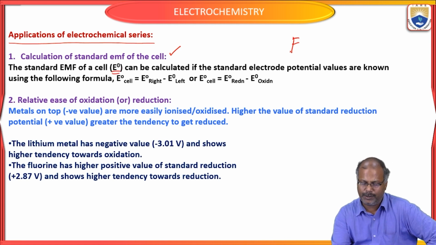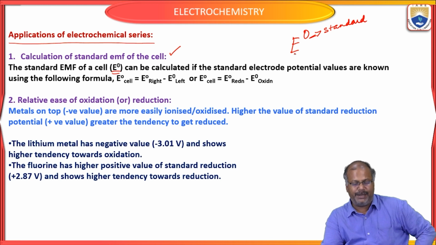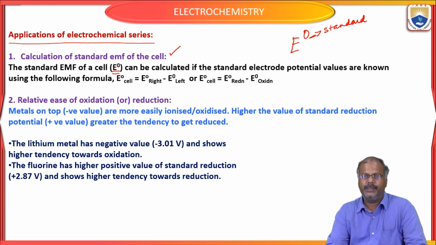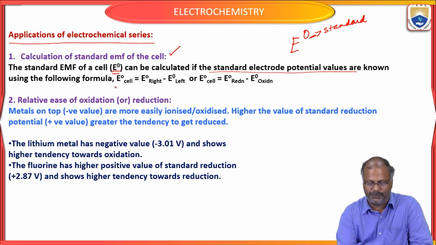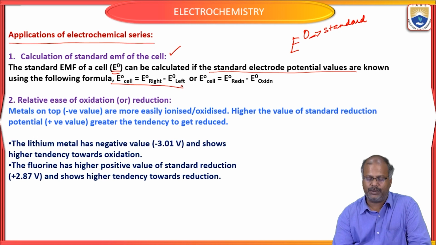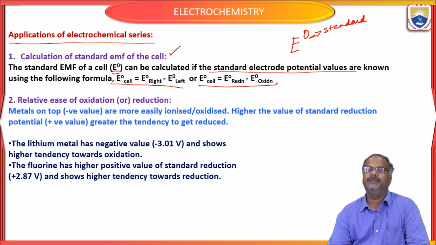The standard EMF of the cell can be calculated if the standard electrode potential values are known. So we use the formula E0 cell is equal to E0 right minus E0 left, or E0 cell is equal to E0 reduction minus E0 oxidation.